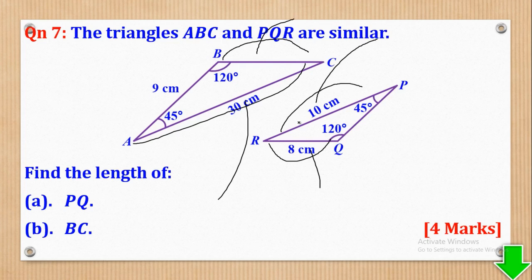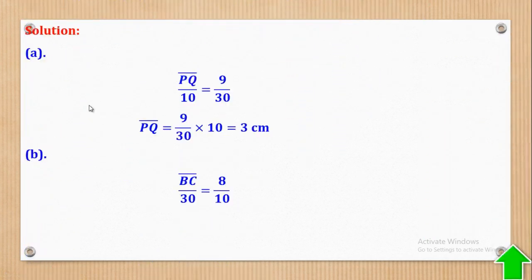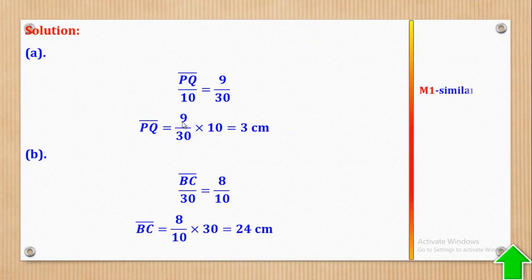Therefore in ratio form we shall say that BC over 30 will be equal to 8 over 10. So make BC the subject, and BC will be equal to 24 centimeters.